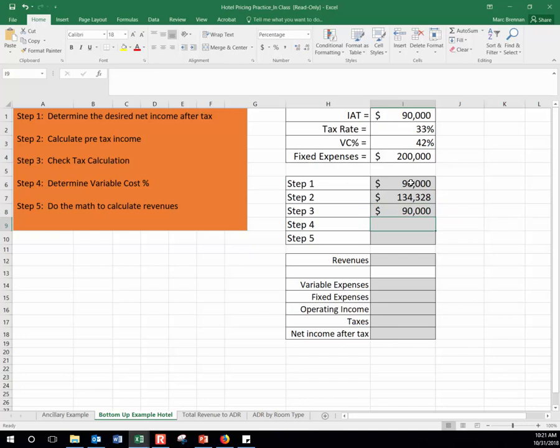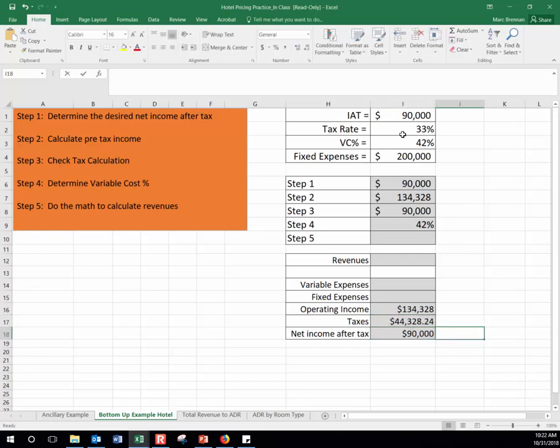And then if we go to step 4, that would be determine our variable cost percentage, 42%. And step 5 is really let's do the math. So net income after tax, we have that as our 90,000. Operating income, which is our income before tax, we have that as our 134,328. Our taxes should be our 134,328, which is our operating income, our income before taxes, times our tax rate of 0.33, which is 33%.